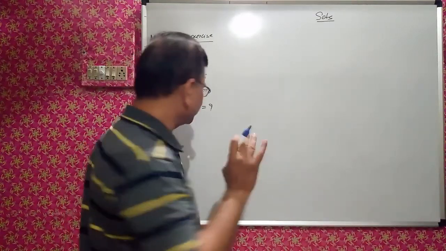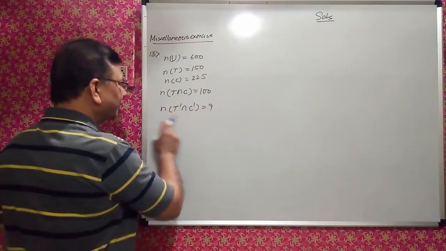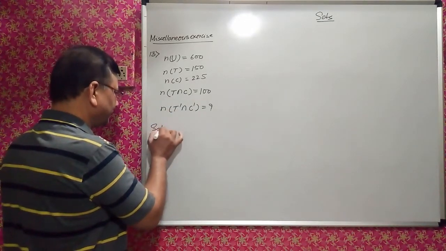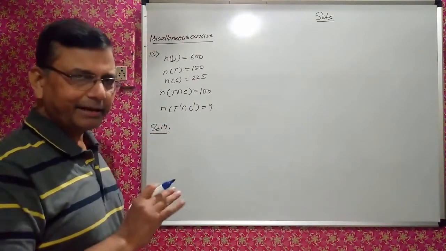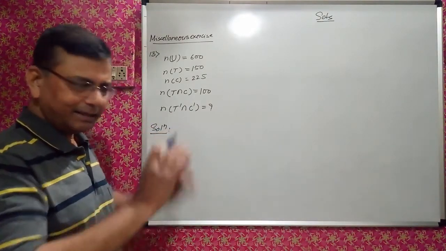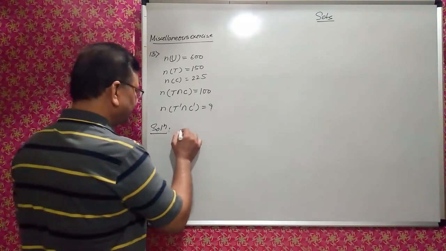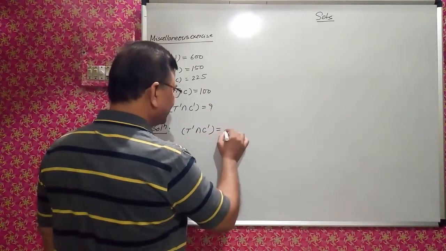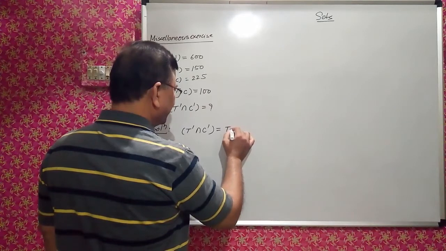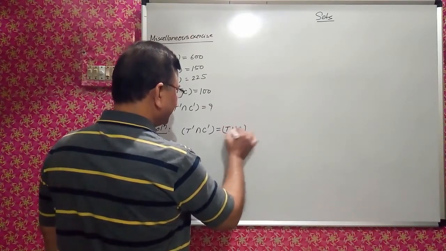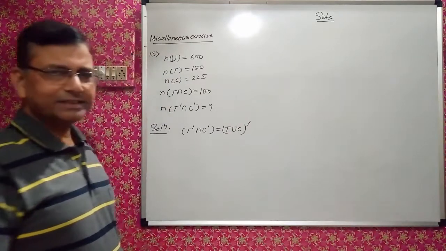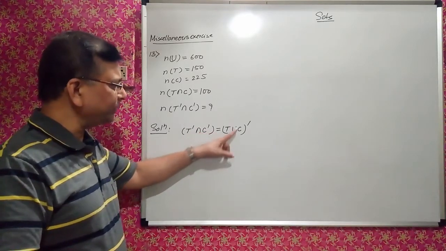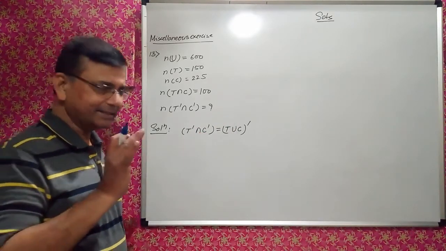There are two ways. See, what does it imply? What is the meaning of this? That we will look at first. See, solution: we will solve it in two ways, by Venn diagram as well as mathematical expression. See, T dash intersection C dash is equal to T union C, whole dash. That is De Morgan's law. De Morgan's law tells us T dash intersection C dash is equal to (T union C) dash. This we have already discussed.